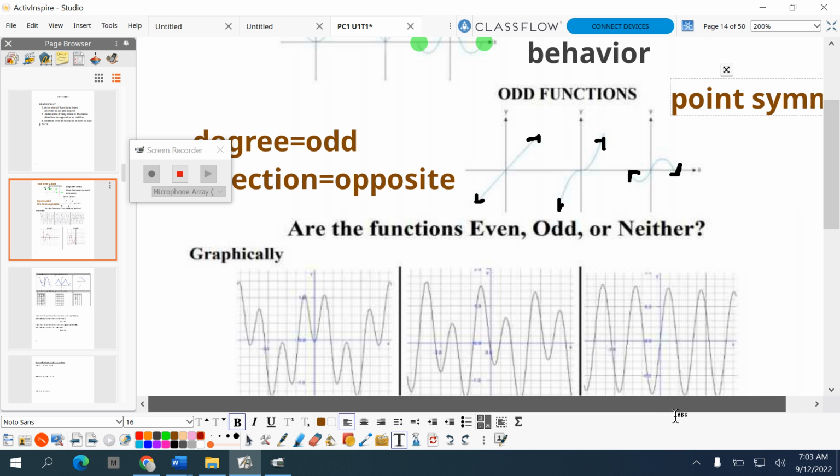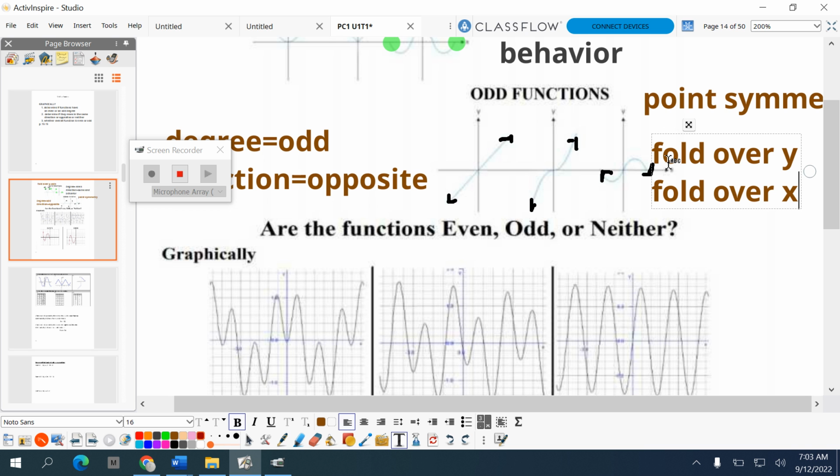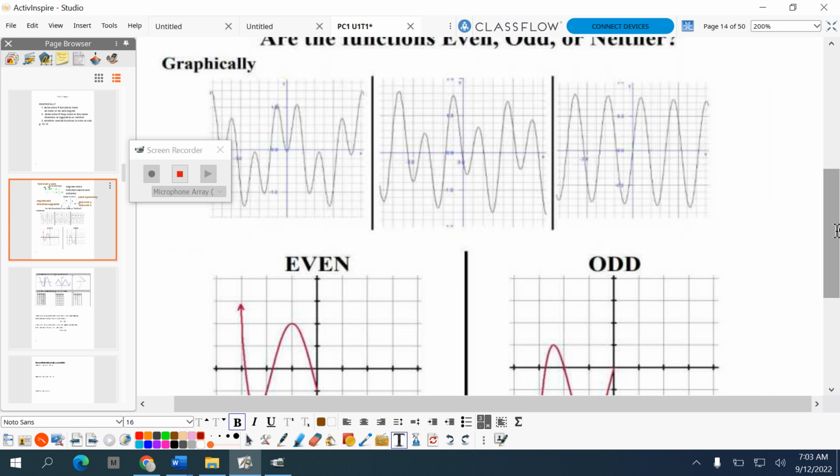A good way to think about point symmetry is that, in order to acquire the overlapping that you need, you would have to fold over the y and then fold over x. You'll see us do that with our card chart so we can see how it overlaps. That's the only way you'll get it back to where it needs to be. But we'll look at that also algebraically, like what does that mean, fairly soon.